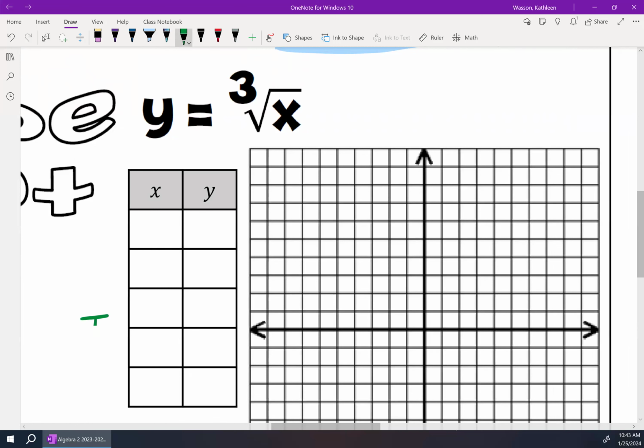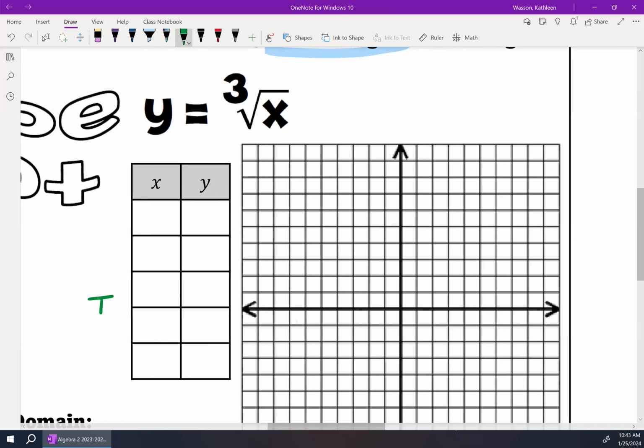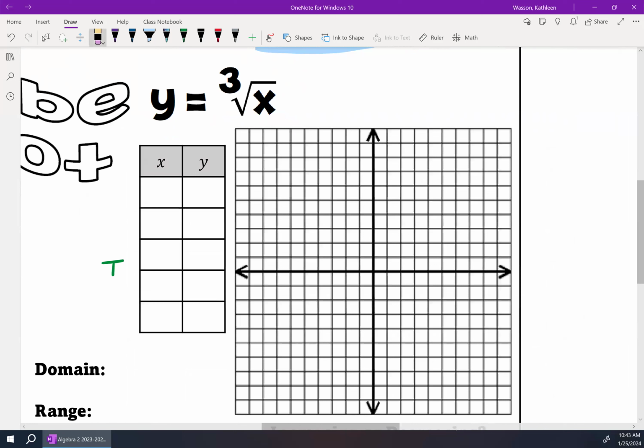Inflection point in the middle, which would be HK, but there's no transformation here. This is the original graph. And we will do the inverse of the graph we had for cubic.